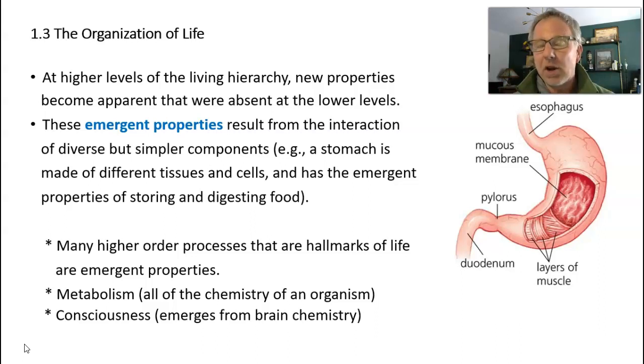That phenomenon of new properties or new characteristics arising when you put parts together to make a more complex thing is referred to as emergent properties. So in the hierarchy of organization of life, we see emergent properties everywhere.